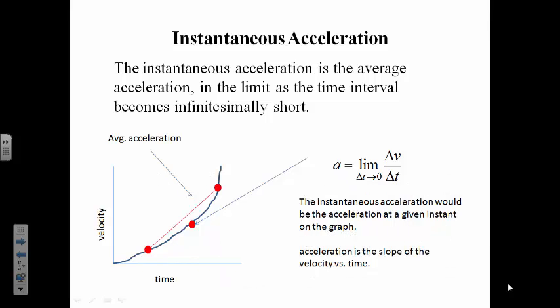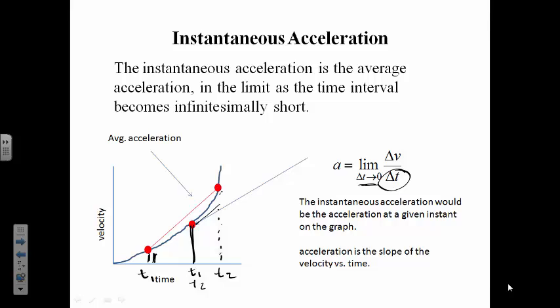Now we of course can also define an instantaneous acceleration. As we did before, we take our delta t to be very small. Instead of having t1 here and t2 over here, we bring t1 and t2 almost on top of each other, and that makes delta t very small, and then we approach the instantaneous acceleration.